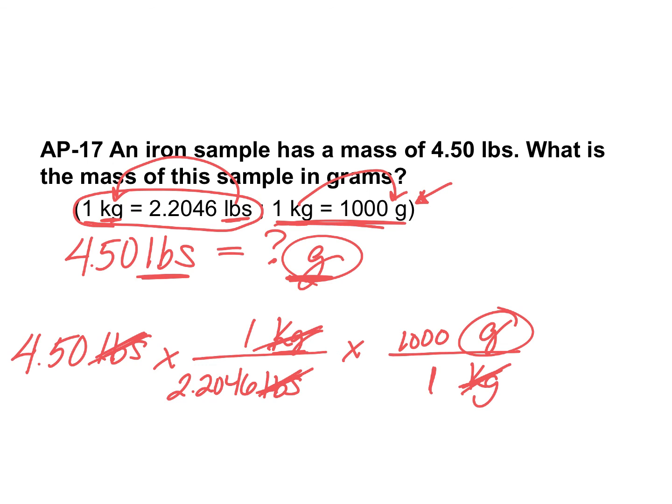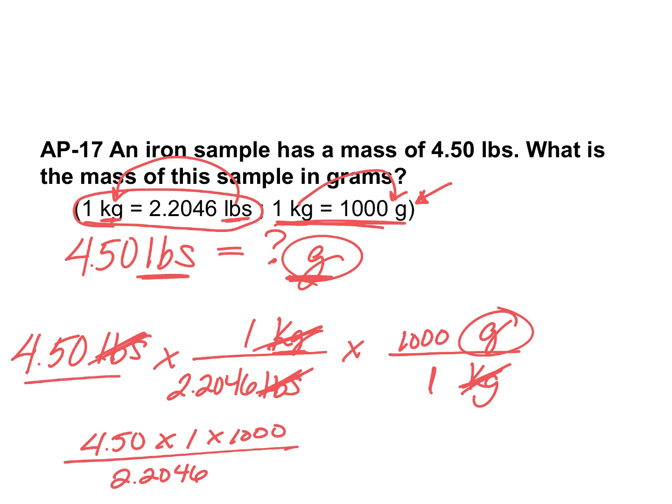So here the math would be 4.50 times 1 times 1,000 divided by 2.2046. And there's a 1 here, there's a 1 here. You don't have to divide by 1. We also don't need to multiply by 1 here.